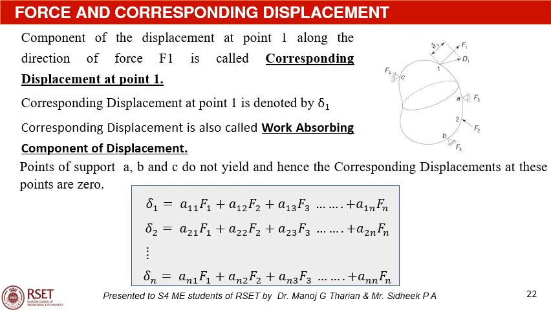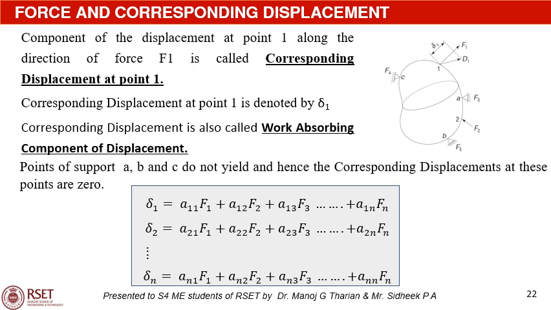In the figure, we see a body which is supported at 3 points, namely A, B and C. Forces F1 and F2 act at points 1 and 2 respectively. Let capital D1 represent the resultant displacement at point 1.